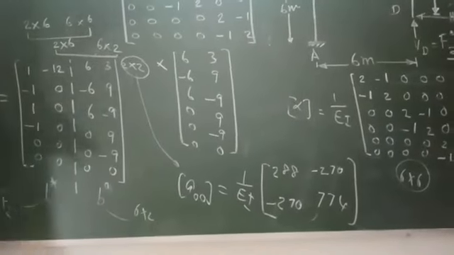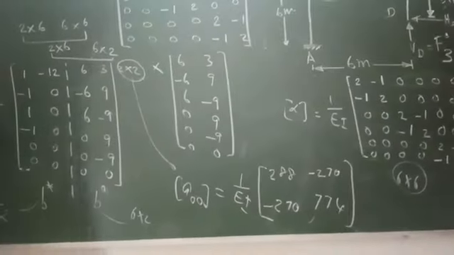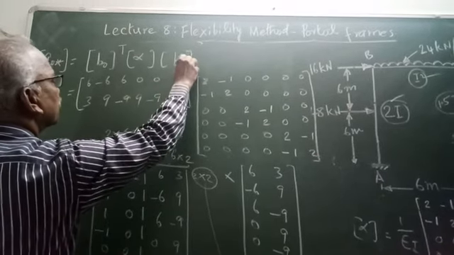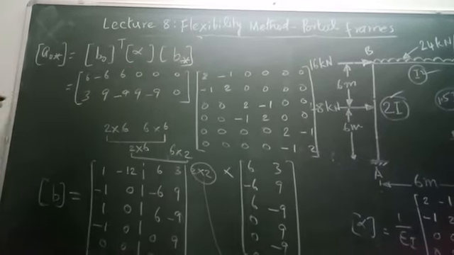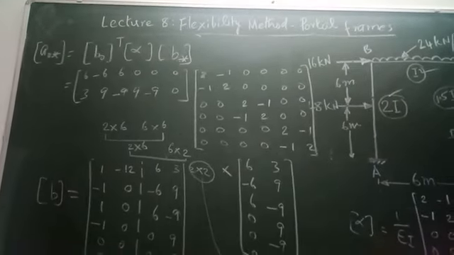Right. Next step is finding out A naught star. A naught star equal to the same formula. Instead of B naught, here this will be B star. So B naught is same, alpha is same, B star is different. Therefore, this column will be different.